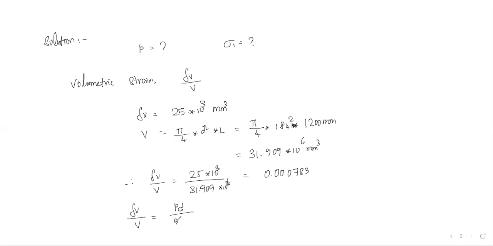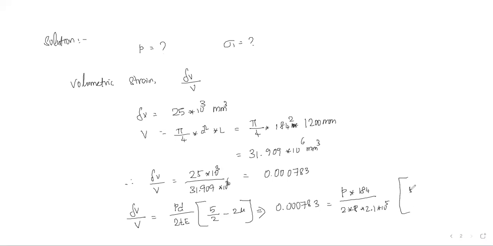We know the formula for change in volumetric strain: del V by V is equal to P into D divided by 2TE into 5 by 2 minus 2 mu. If I substitute these values, 0.000783 is equal to P, which I have to calculate, into D, which is 184, divided by 2 into thickness, 8 mm, into E, 2.1 into 10 to the power 5, multiplied by 5 by 2 minus 2 into mu 0.33.